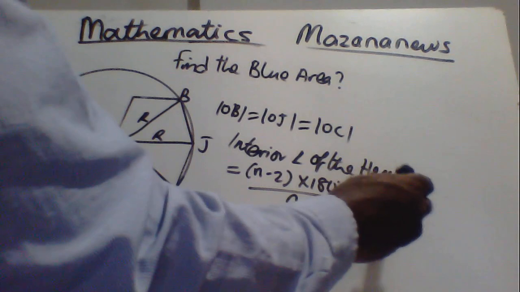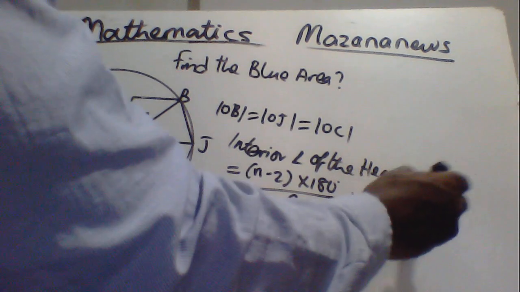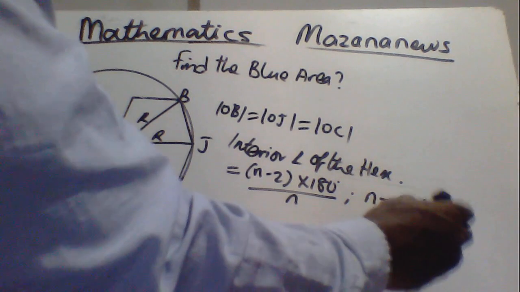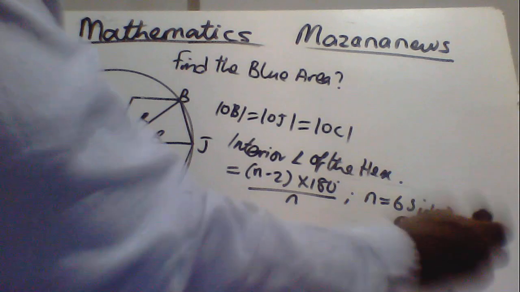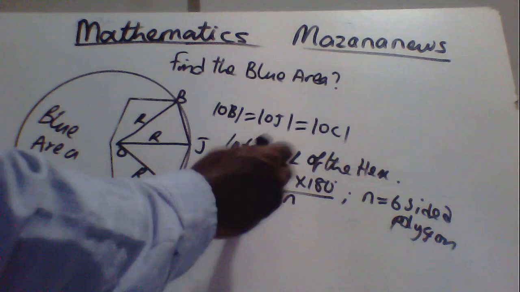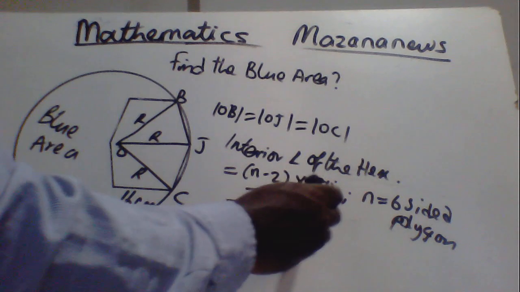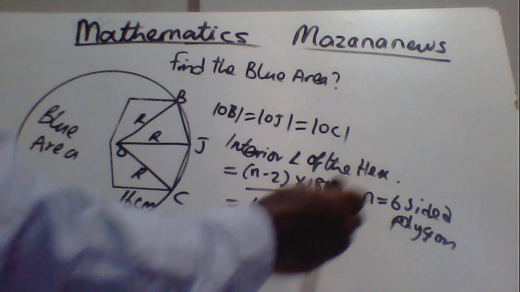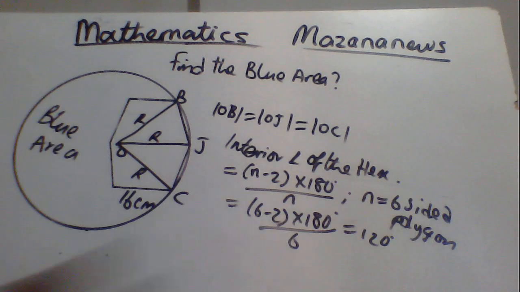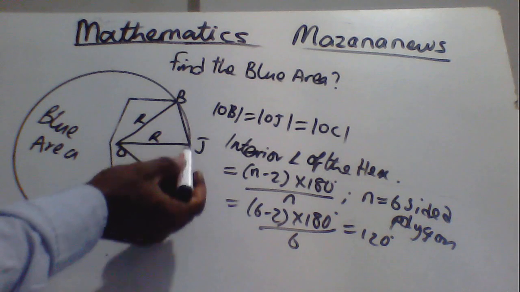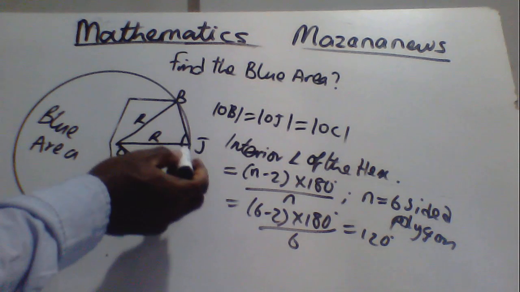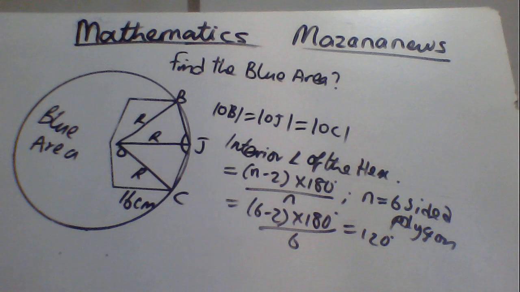In this case, n is equal to 6, a six-sided polygon, which is a hexagon. So we substitute n by 6 and divide by 6, so that we have 120 degrees. Now we have gotten the interior angle of the hexagon. We can now know that this angle here, and this angle here, is equal to 120 degrees.